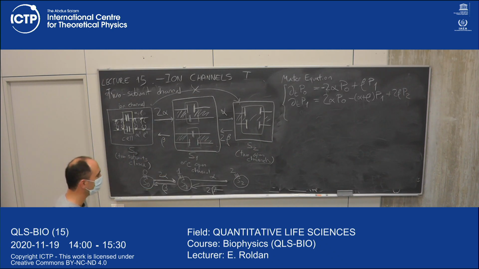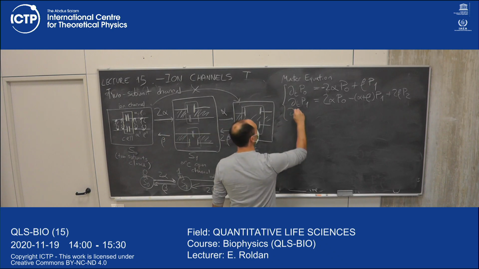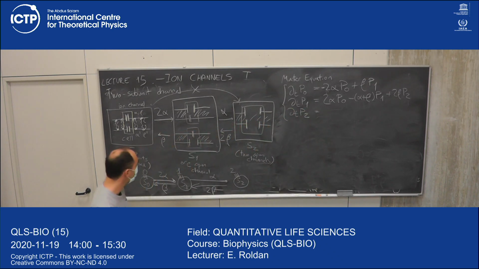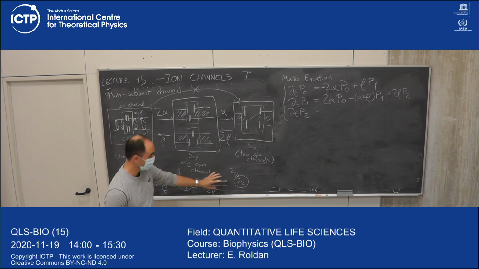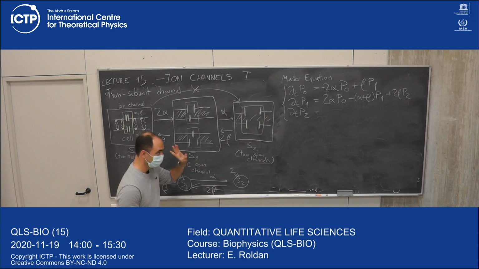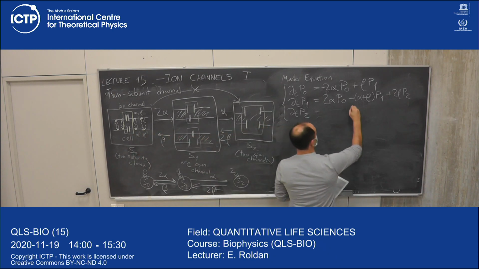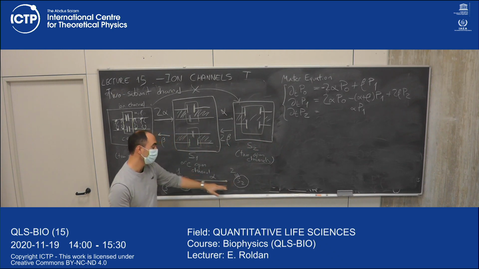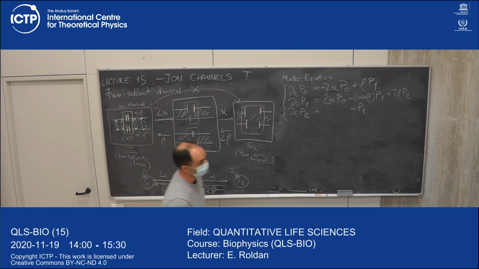Okay, and finally, P2: from 0 there is nothing coming. From 1, I have alpha gain, it's a gain term. And then from 2, I'm escaping. So I lose, we write minus 2 beta.